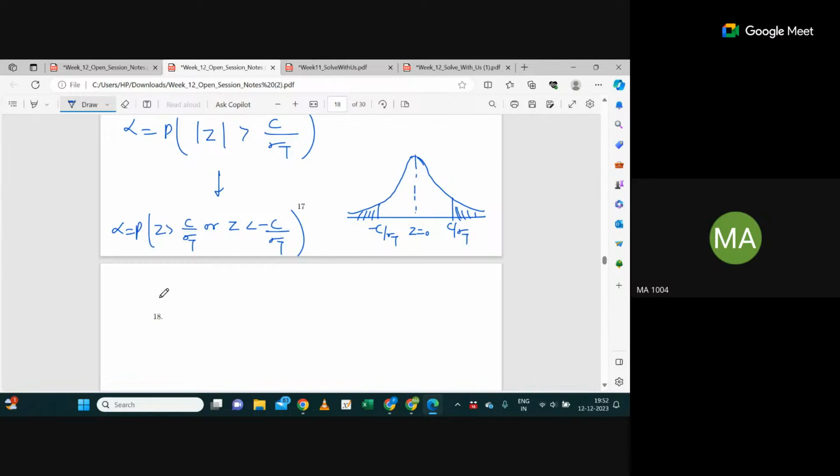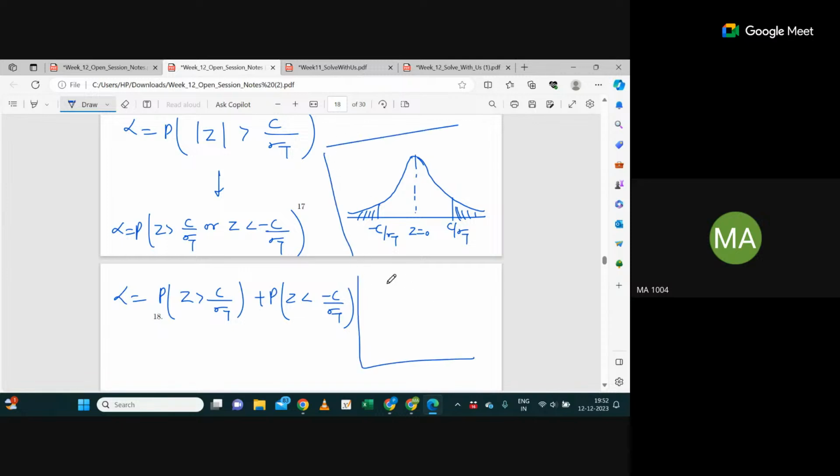If you expand the modulus sign, it will be probability of Z greater than c by sigma t plus probability Z less than minus c by sigma t. Due to symmetry of this bell-shaped curve, probability Z less than or equal to minus c by sigma t will be the same as probability Z greater than c by sigma t, right?